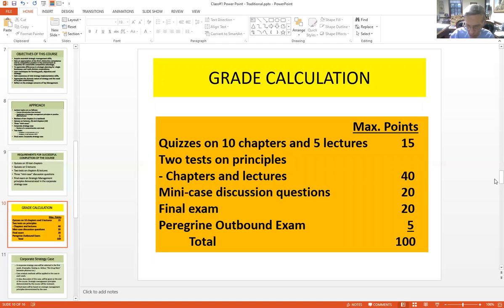Quizzes are not really meant to assess your performance in the course. Quizzes originally were intended as learning aids. So theoretically, after you take a quiz, you find out what questions you didn't get right. You go look them up in the book and find out what the correct answer is. And then when you come across that same information in the test, you'll be able to answer the question correctly.